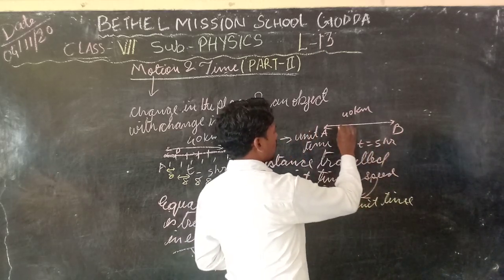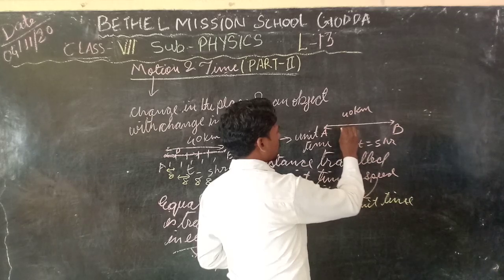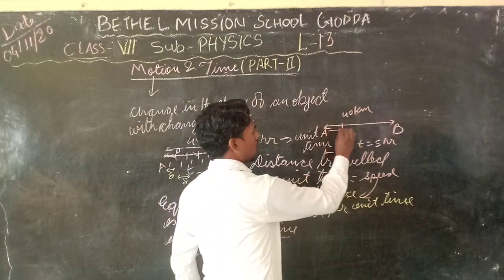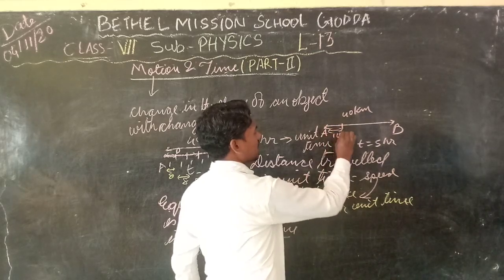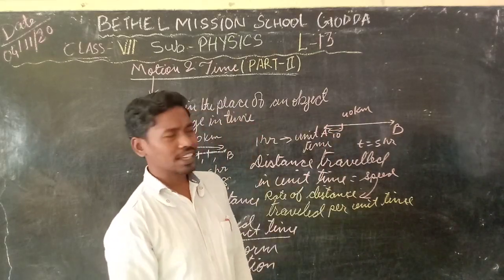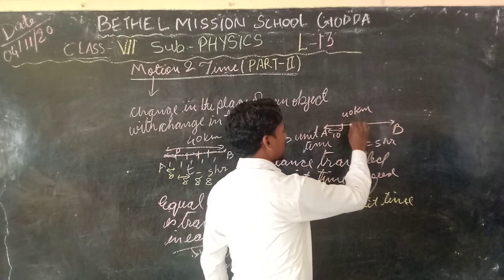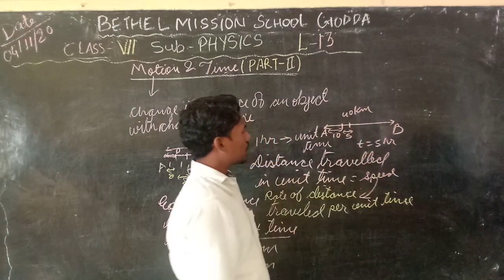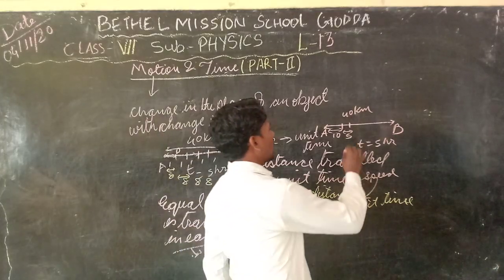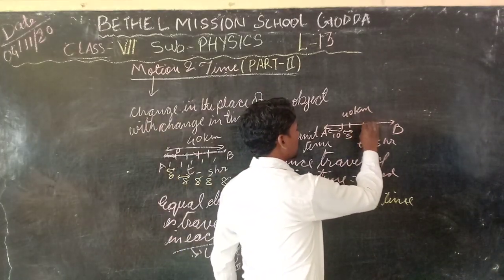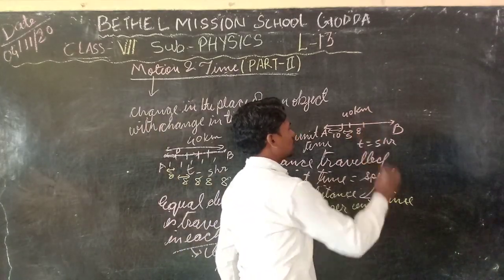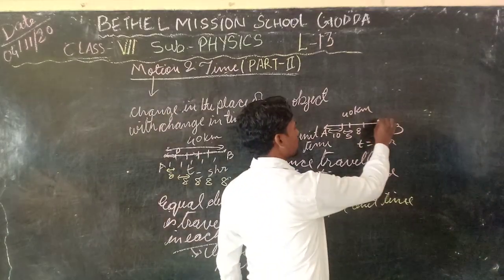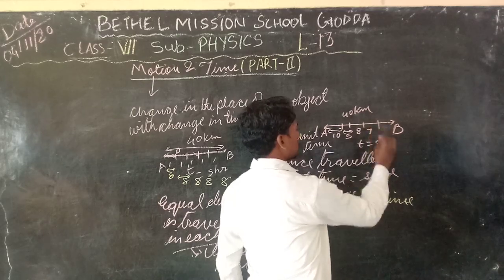If in the first hour the distance traveled is, let us say, 10 kilometers, then in the second hour let it be 5 kilometers, in the third let it be 8 kilometers, and in the fifth hour let it be 7 kilometers.